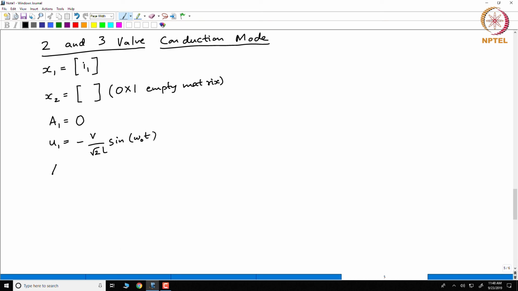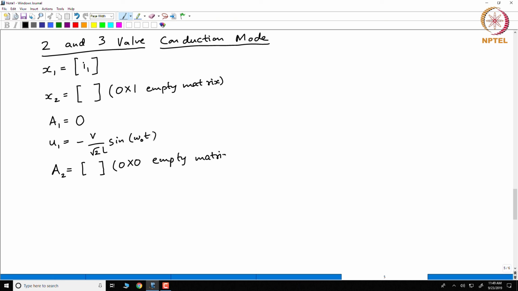Then what about A2? Empty. Whenever we write empty, we better write the dimension, because empty does not say whether it is 0 rows or 0 columns or both are 0. So in this case, it is 0 cross 0 empty matrix.